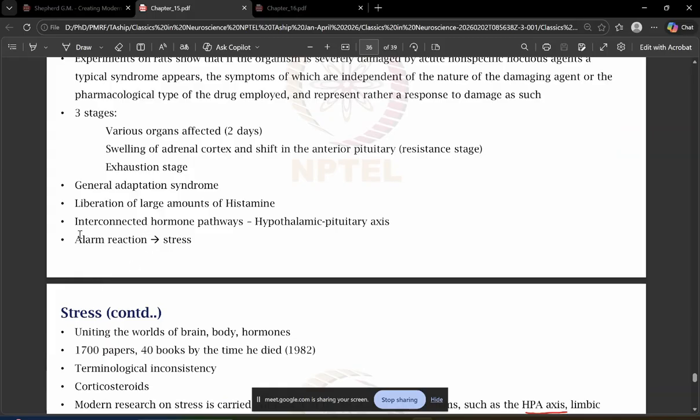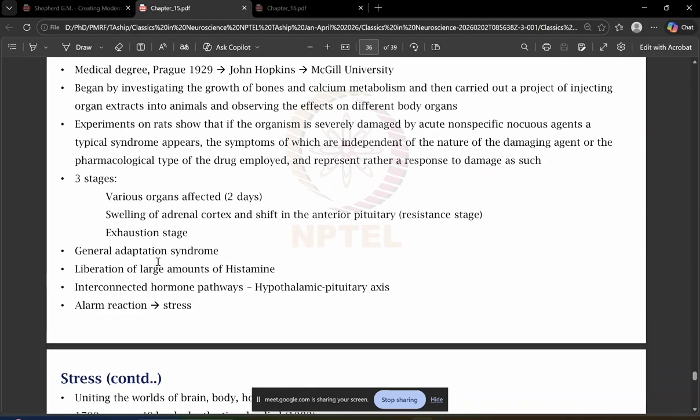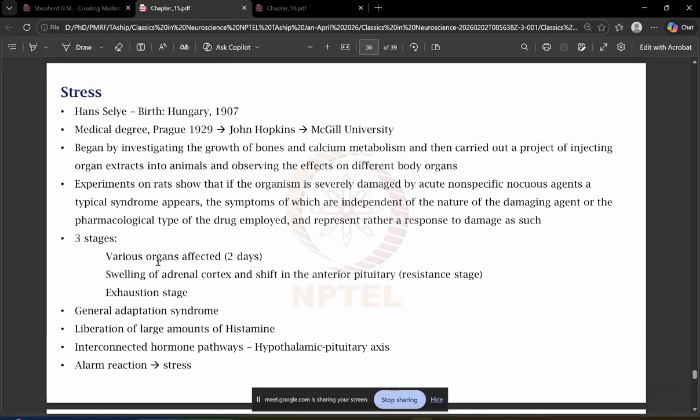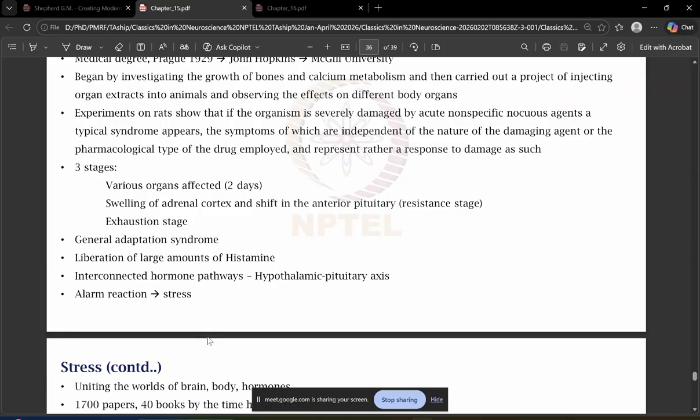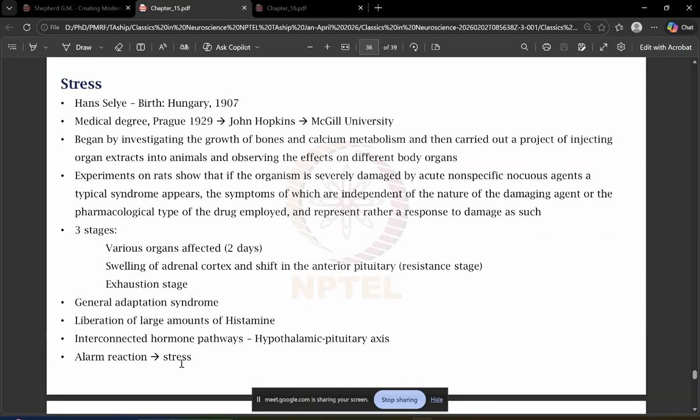And he saw that the body is acting in a way in which there is a large amount of histamine being released, and he said that in this general adaptation syndrome there is an alarm reaction happening. So the body is reacting in alarm towards the damage, and later he replaced this term alarm reaction, I think around 1949, 1950, with the term stress.